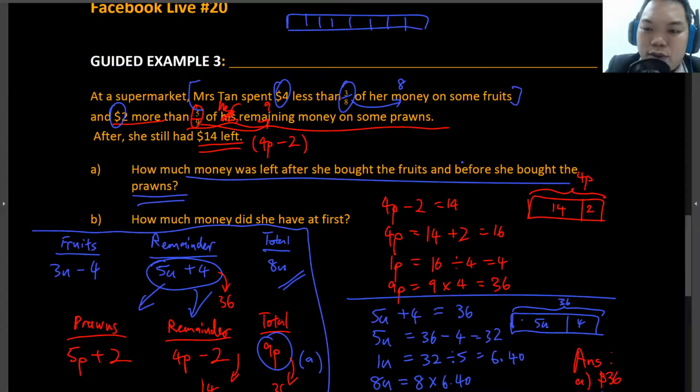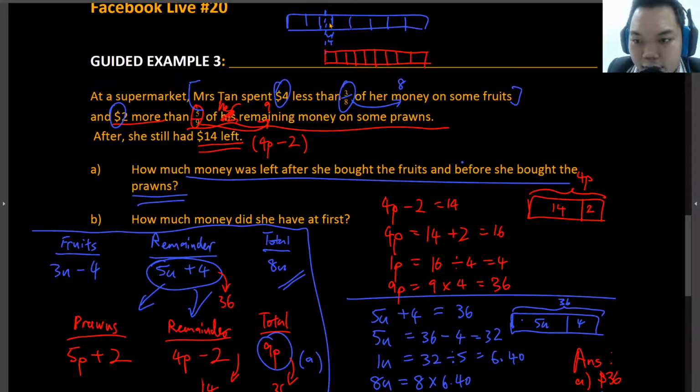Okay, so this is 3. See, you spend 4 less than that, right? Then you break this down into 9 equal portions. So these 9 equal portions have to be the same as the 5 units and 4.